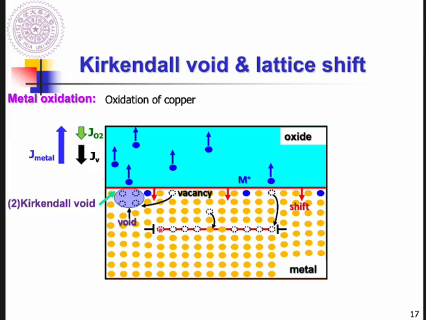As long as each of these atoms is replaced by a vacancy, that will allow the interface to shift downward. This phenomenon we call the Kirkendall shift. Some people also call it a lattice plane shift. So this is why we can visualize the Kirkendall void formation and also the lattice plane shift. And in most cases, you can observe both of them happening.